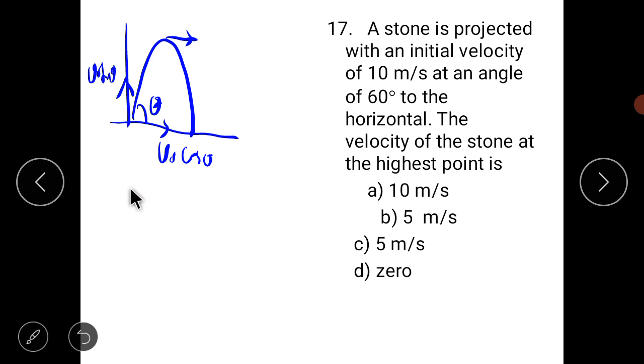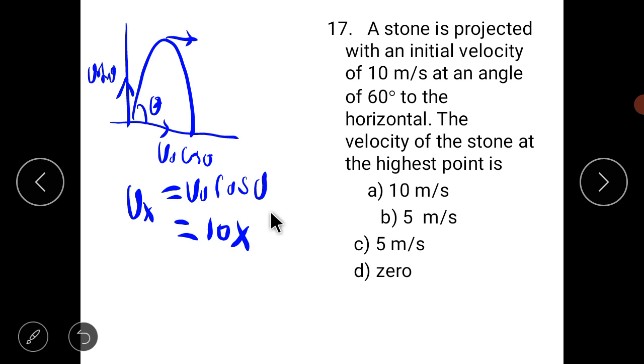Now we can calculate Vx as v naught cos theta. This v naught is 10 into cos 60 value.